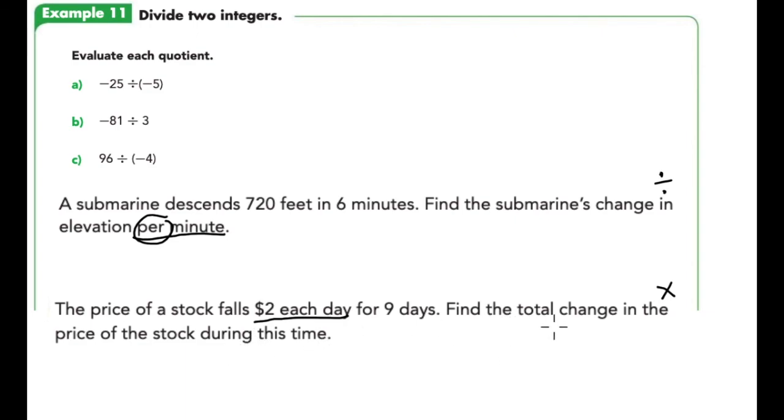So when you're trying to find the total change, you're going to multiply the amount it goes down per day, whatever that rate is, by the total amount of days. In this problem up here with the division, we're trying to find the actual rate. So how much per how much? That is a little cheat you could use when you're looking at word problems to determine if you're going to divide or multiply.